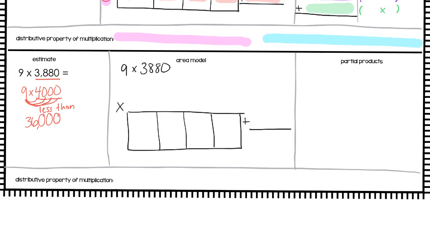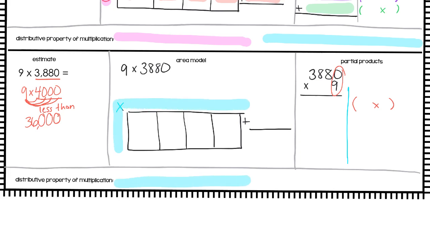And then in your partial products, you're writing your problem again. Times 9. Leave some space for yourself. Okay, and on the side you will, once you circle each of them, multiply. Okay, remember that we can find the distributive property here, and we can also find it here.